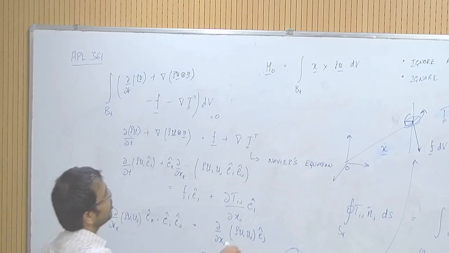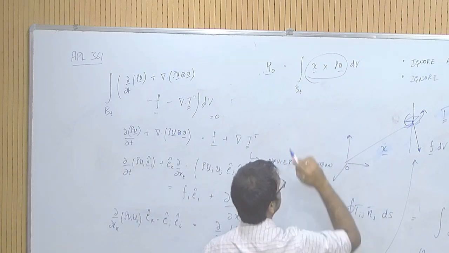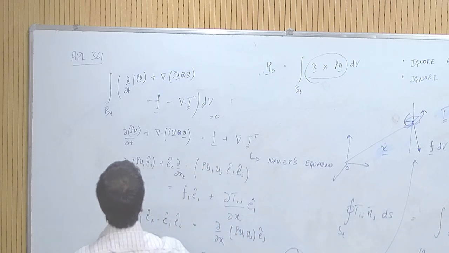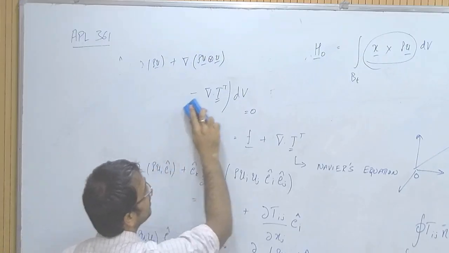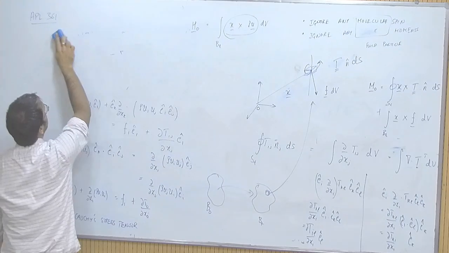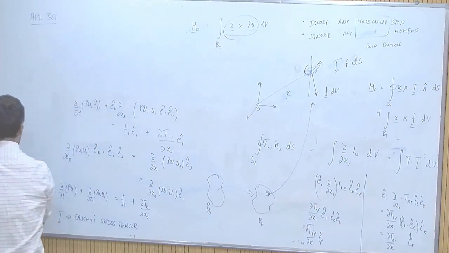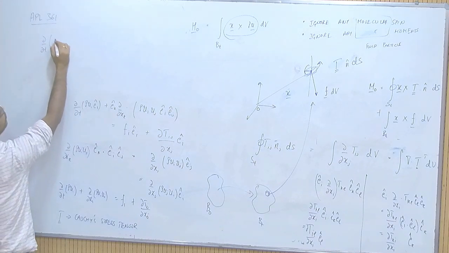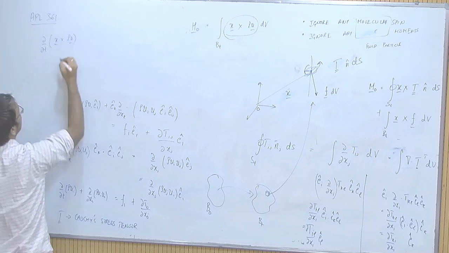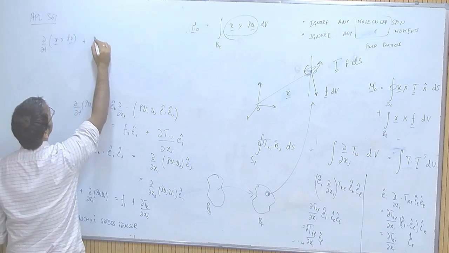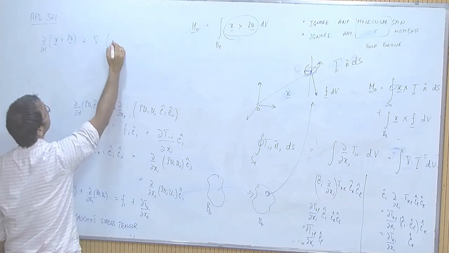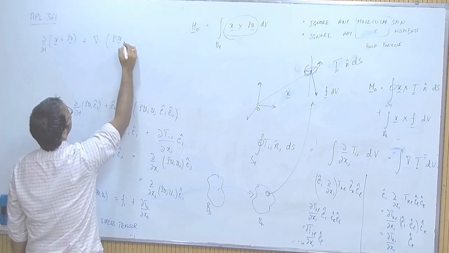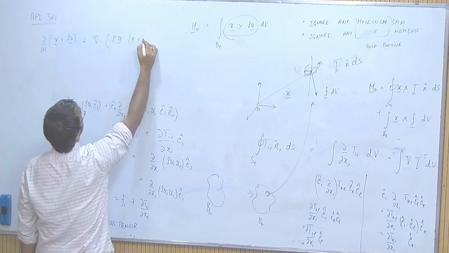Now, substituting this in the Reynolds transport theorem to get the time rate of change, the final equation that we get is del by del t of x cross rho u plus del dot of rho u tensor product x cross u.